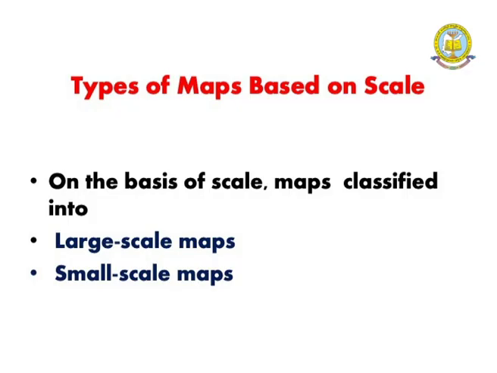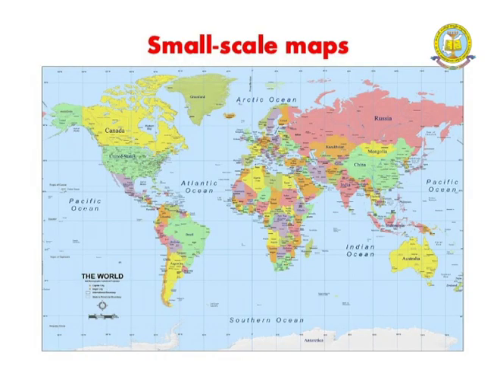We can classify it as a large scale map or a small scale map. A large scale map and a small scale map are the two types of maps we can classify on the basis of this scale. Just see these two images, then we will go for analysis.